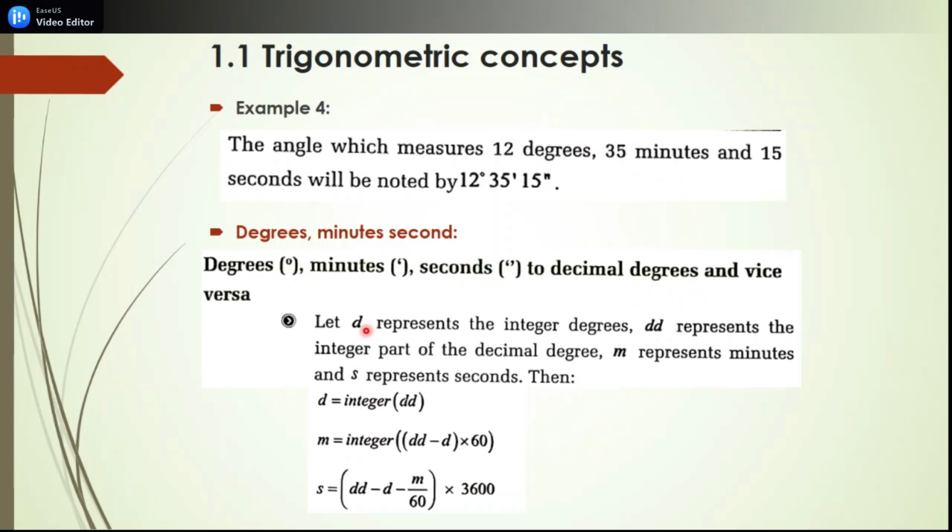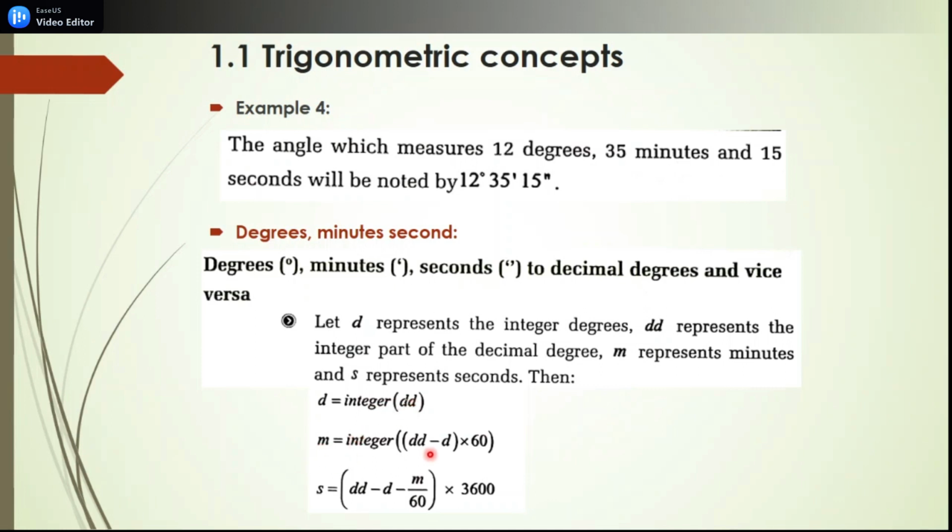D represents the integer part of degree. DD represents the decimal degree. M represents minutes and S represents seconds. Then we can write D is the integer of decimal degree.